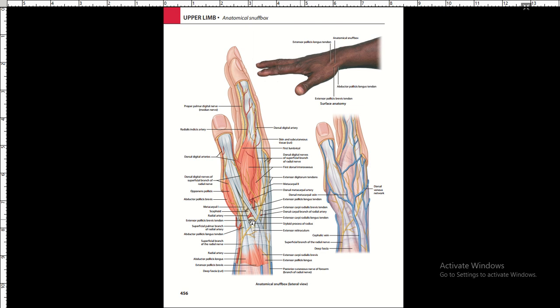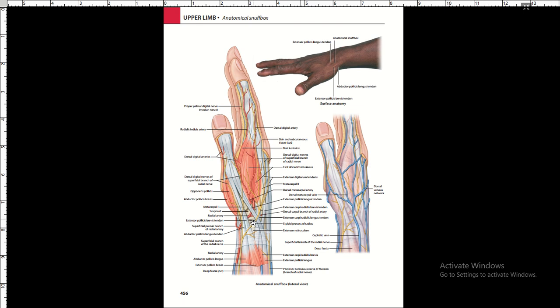This position is also important to assess what's called a scaphoid fracture. You also have to remember that the scaphoid is the most commonly fractured carpal bone, and it can result in avascular necrosis.